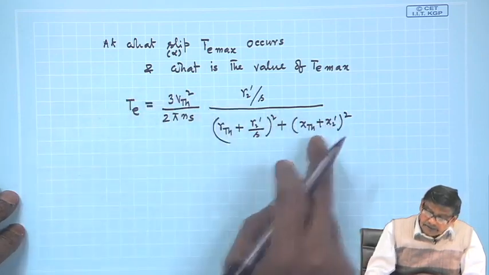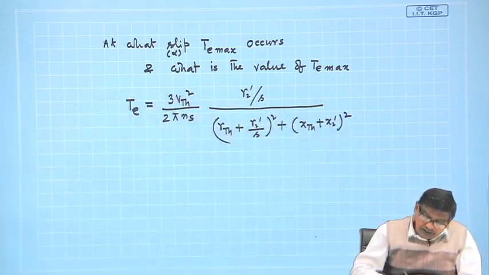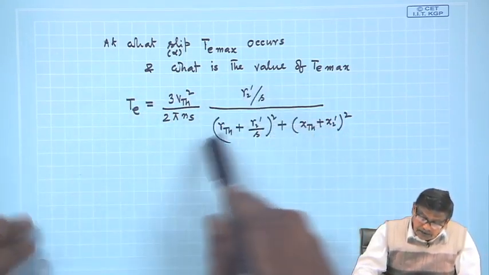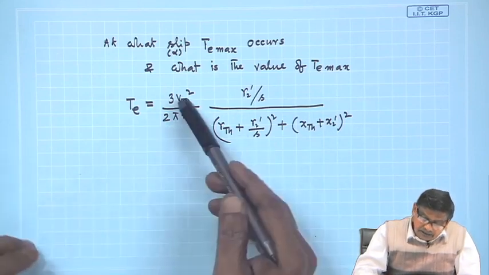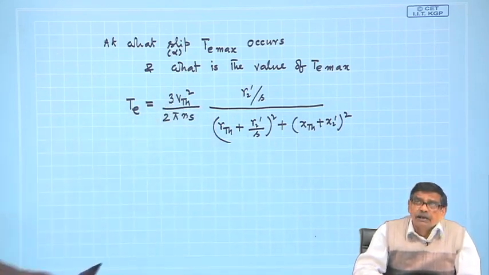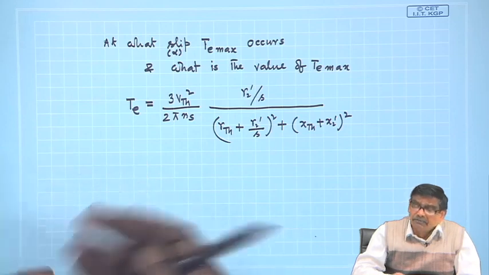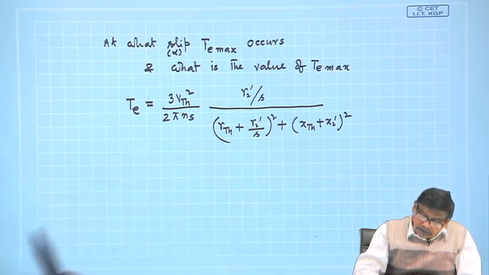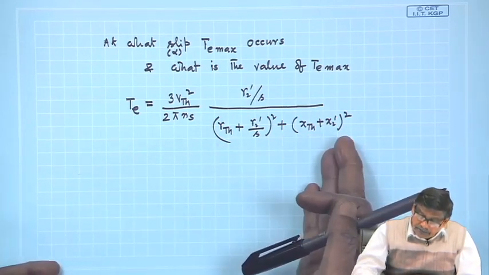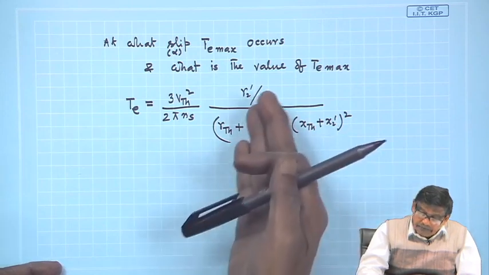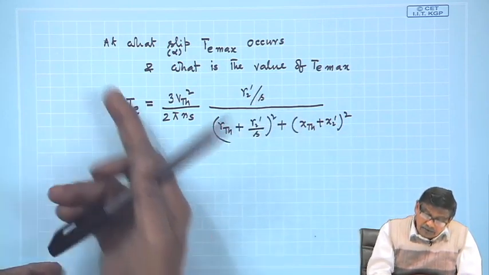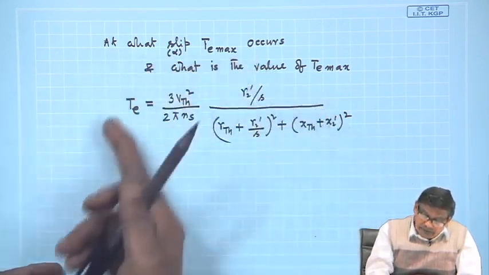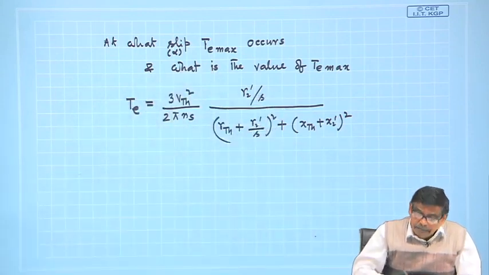This is the general expression of the torque, of which the equivalent circuit parameters are constant. V Thevenin depends primarily on the applied voltage and r1, x1. So all things are constant except s, and I want to find out at what slip T max occurs.